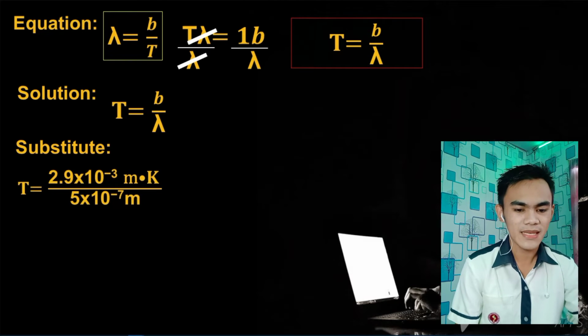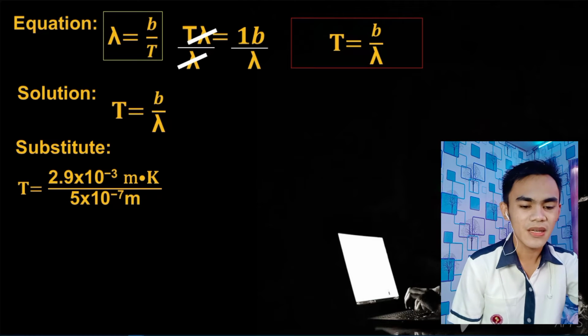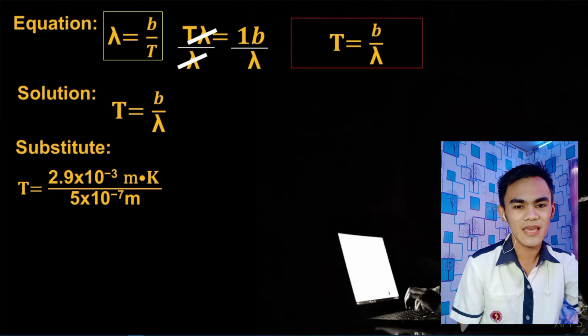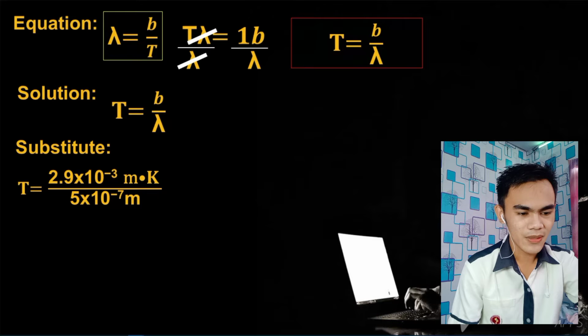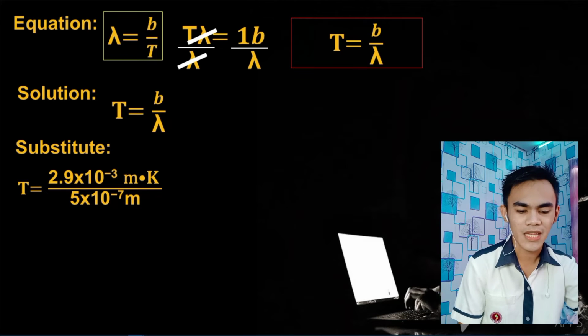Alright, so let's substitute all the given values. We have b equal to 2.9 times 10 raised to the power of negative 3 meter times Kelvin, that is the unit of b, divided by lambda, or our wavelength, that is equal to 5 times 10 raised to the power of negative 7 meters.